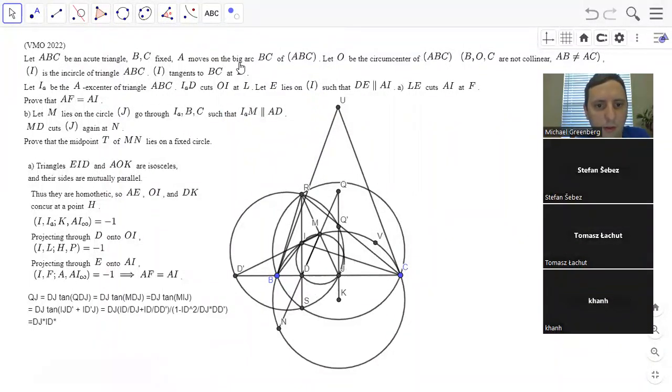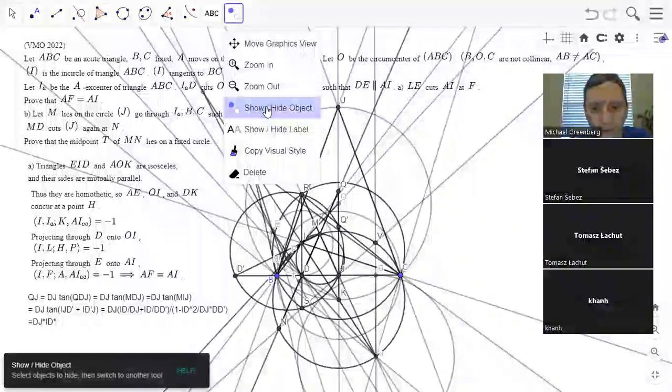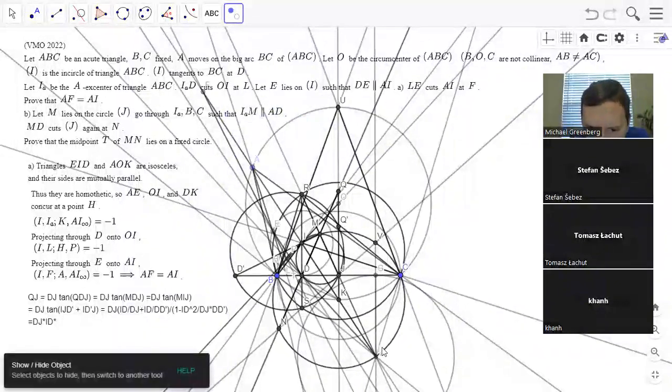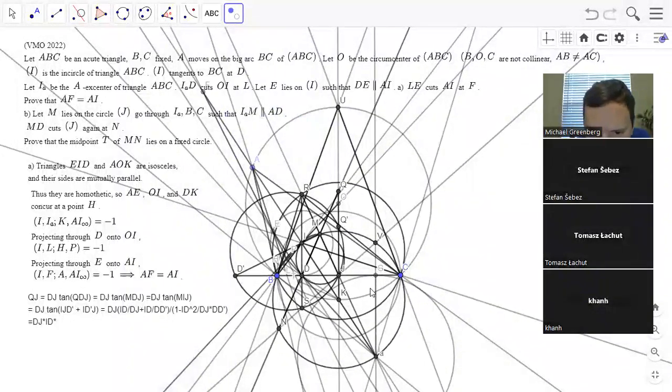I think I need to click and then I need to do this. There we go. So here's IA. And then I want to show this point G2? Yeah, point G2. Yeah, that's enough. Okay.